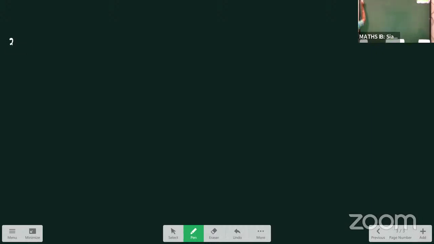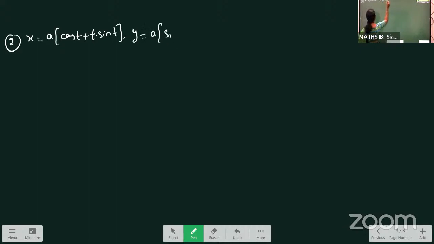Question number 2. x is equal to a into cos t plus t sin t, and y is equal to a into sin t plus t cos t. Then find dy by dx.